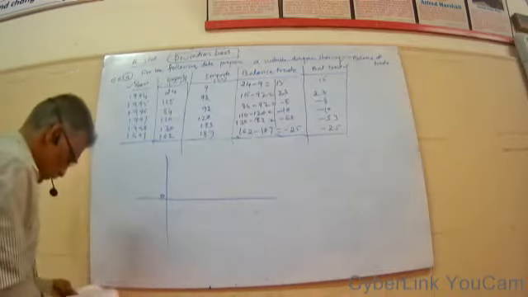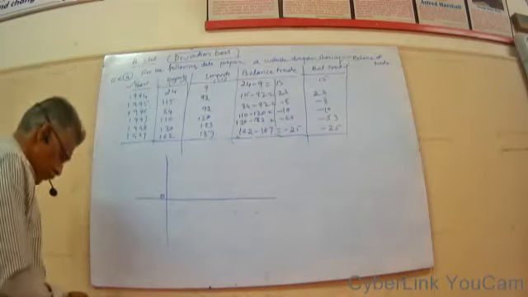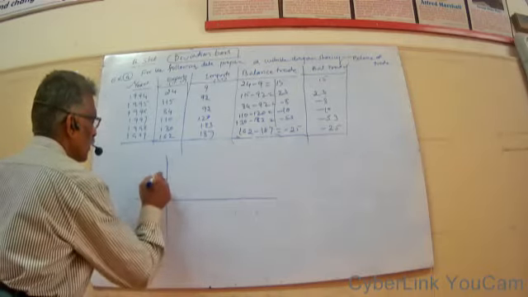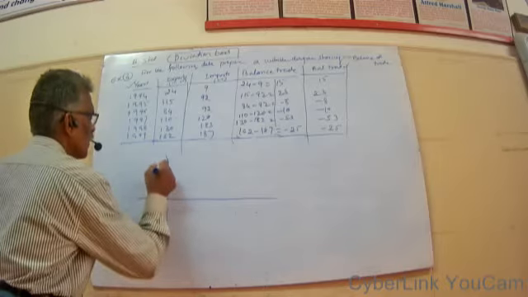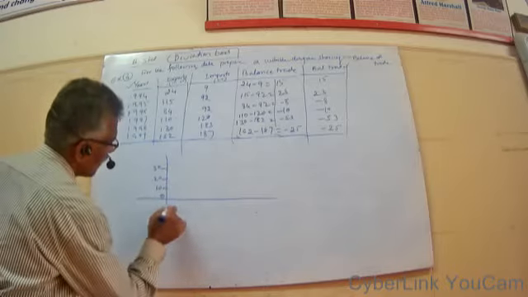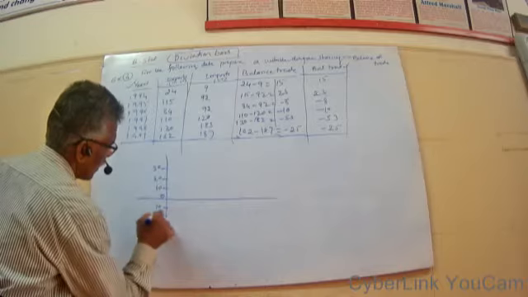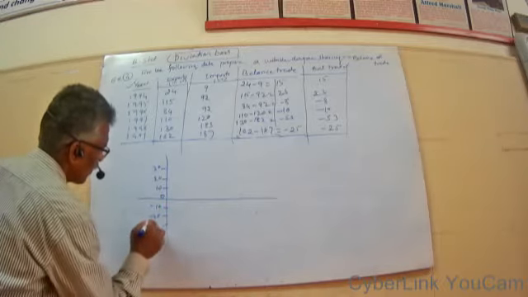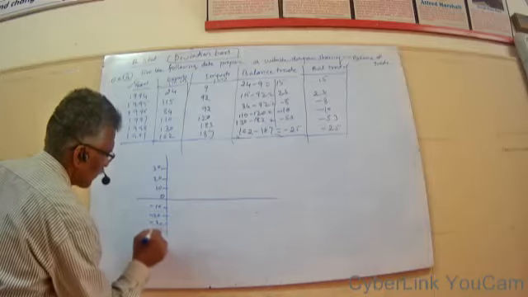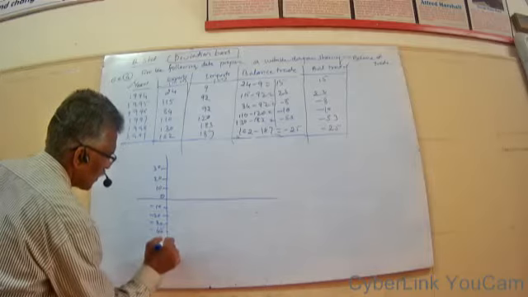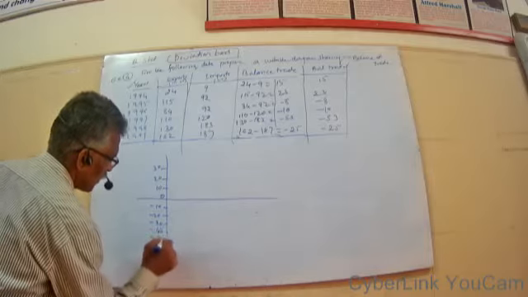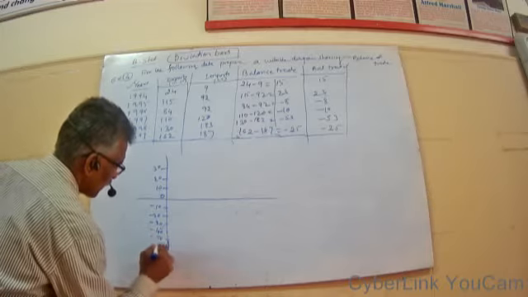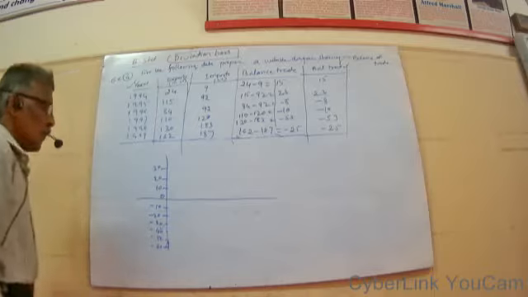Let us take 10, 20, 30. This is enough. Here 10, 20, then minus 10, minus 20, minus 30, minus 40, minus 50, and say minus 60. So this is the baseline.